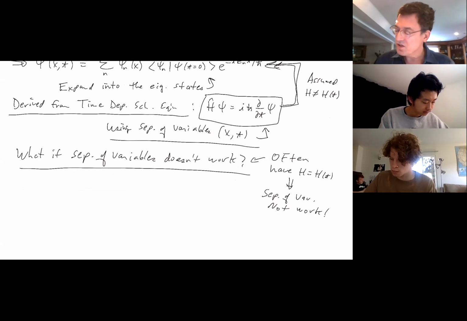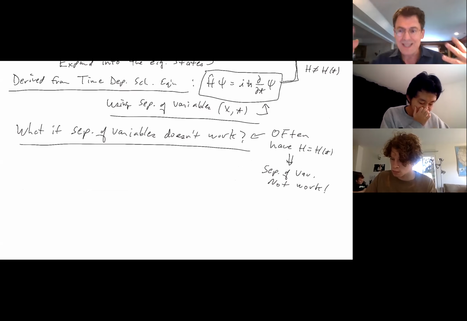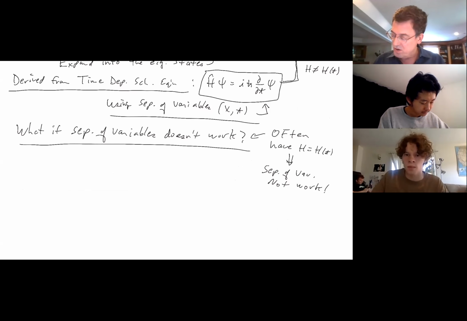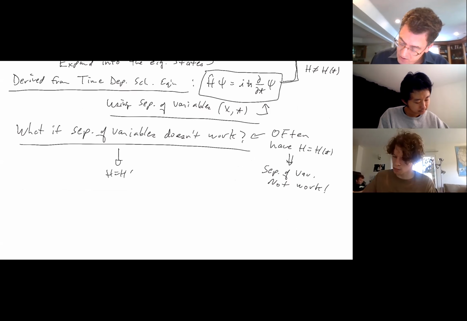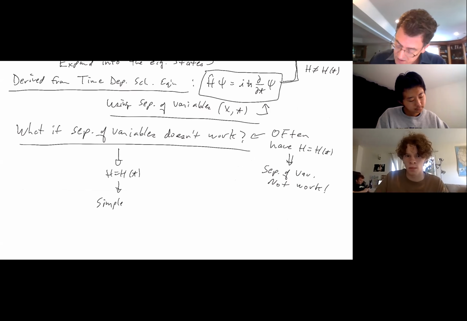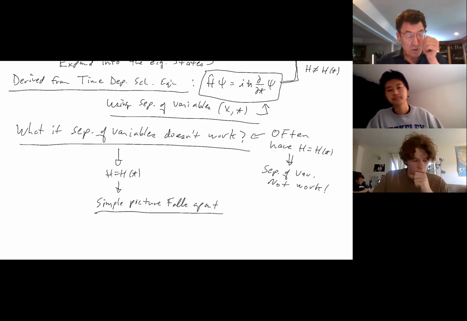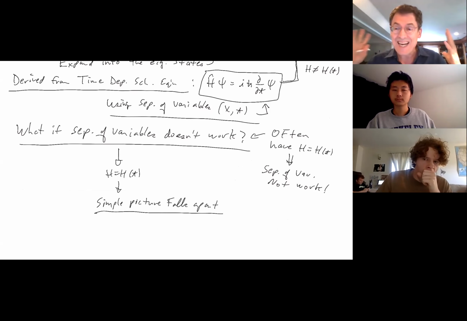And so your simple intuition from last semester goes into the garbage can. If the Hamiltonian is time dependent, then the simple picture falls apart. I just want to emphasize that the simple picture doesn't always work if the Hamiltonian is not constant.